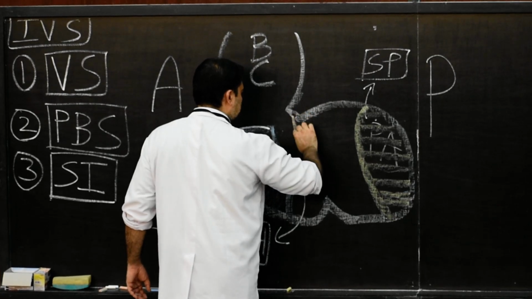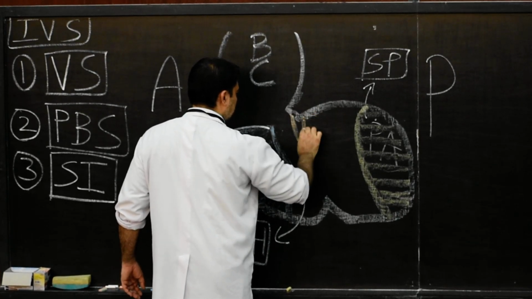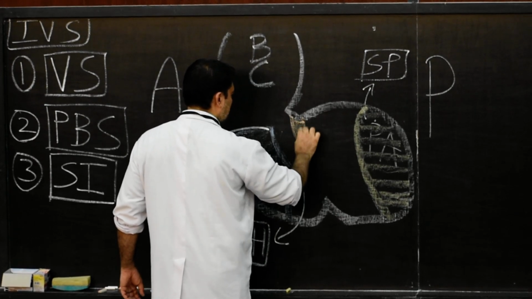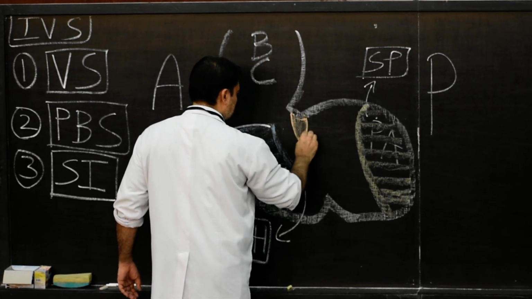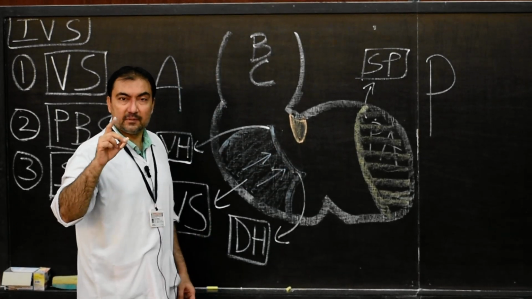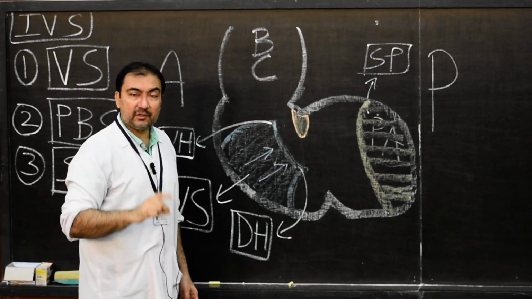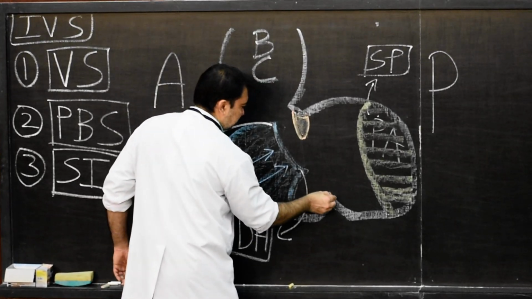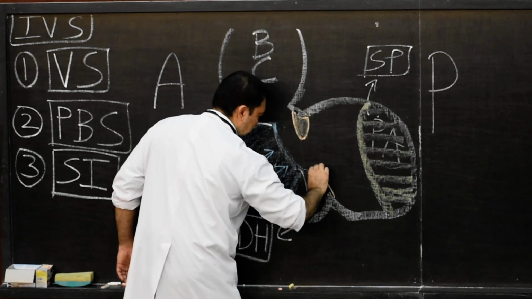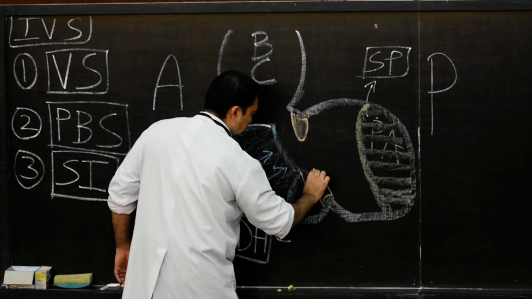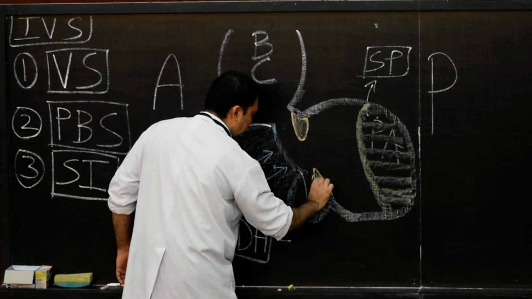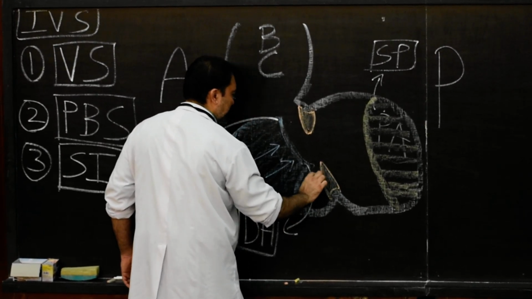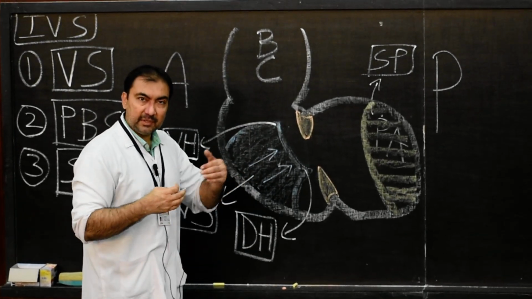If I make this here and I show this as the ventral cushion of AV valve or atrioventricular valve, and here I want to show this as the dorsal cushion of atrioventricular valve. That is, in future these two will form septum intermedium by fusion.